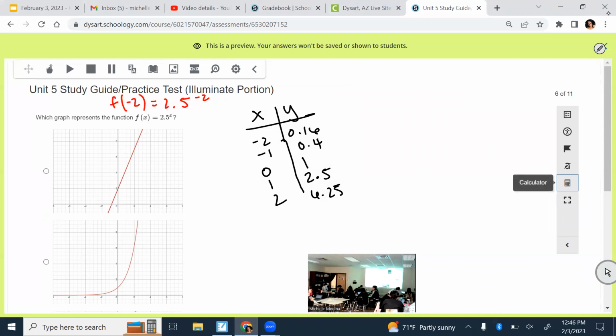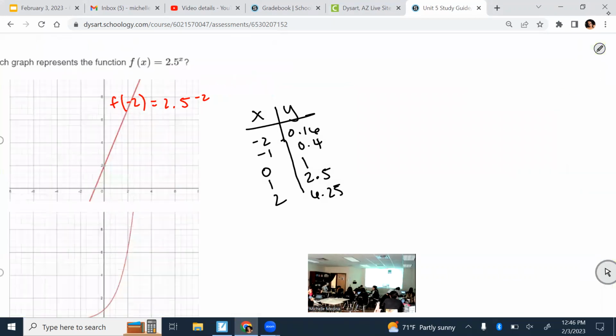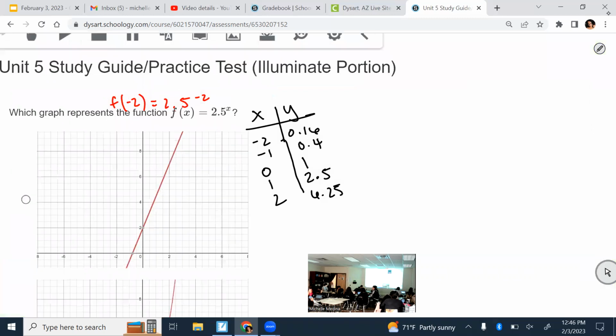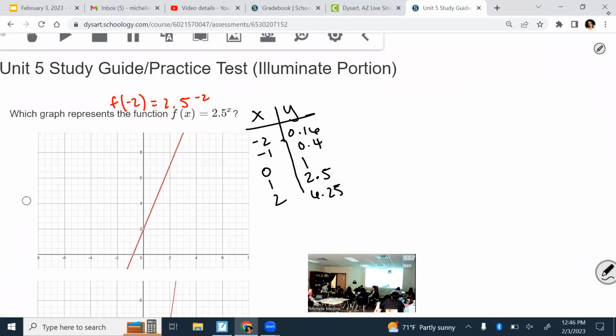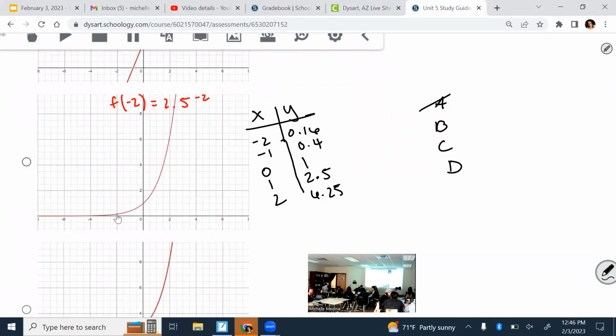A, is it gonna be A? All right, definitely not gonna be the first one, because that one just is linear when it should be exponential, so not the first one. And this one, it does look like it's at -2, 0.16.